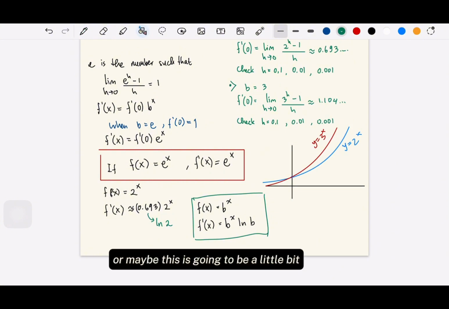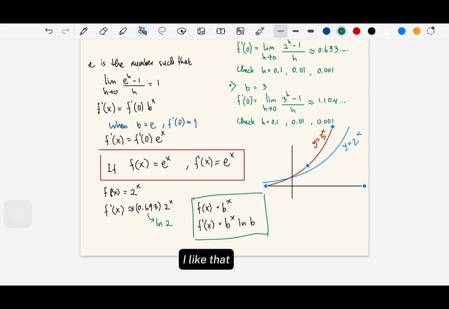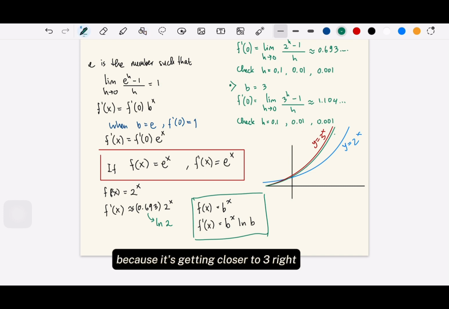Or maybe this is going to be a little bit going to the left, okay, like that. Let's say that is the e, because it's getting closer to 3, right?